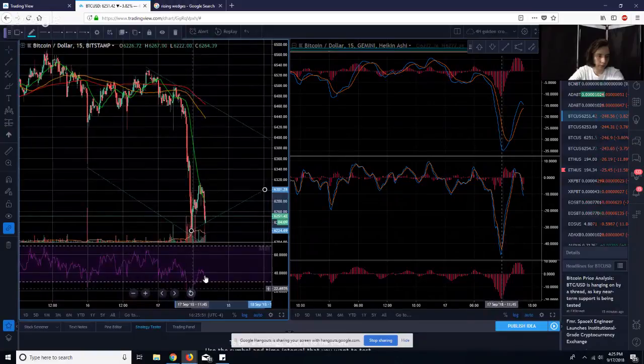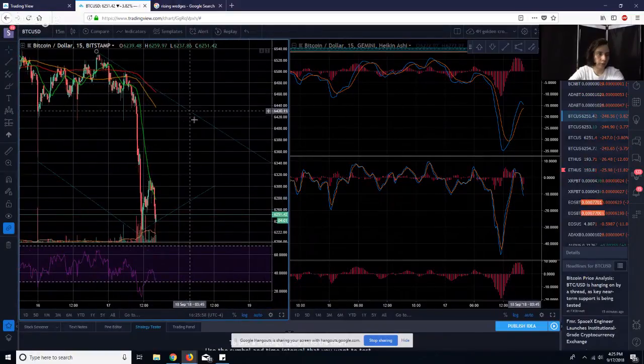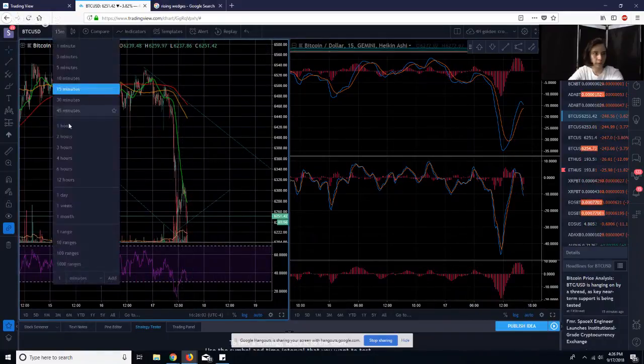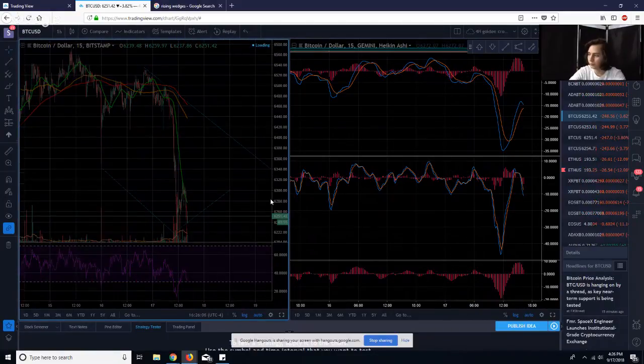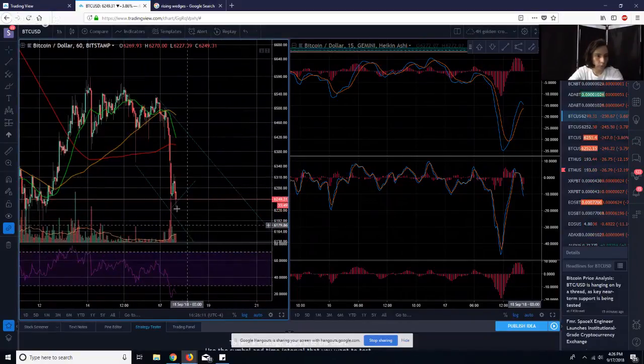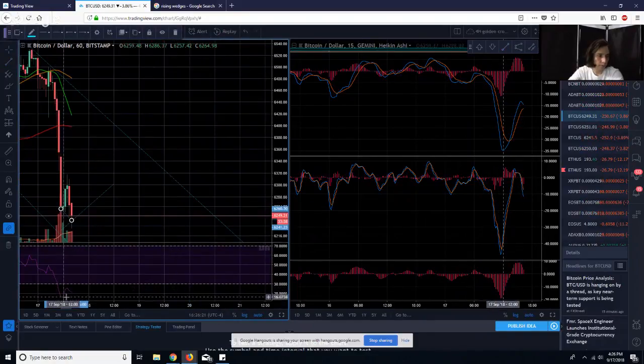We made a higher high here, so it looks like we're in an uptrend right now. Chances are we'll probably touch the top of this line here, but not enough time has passed for the other time frames to get a good analysis of what's going on. Because according to the 1 hour, we made a low here, but we're making a higher low on the RSI, which indicates a bullish divergence.